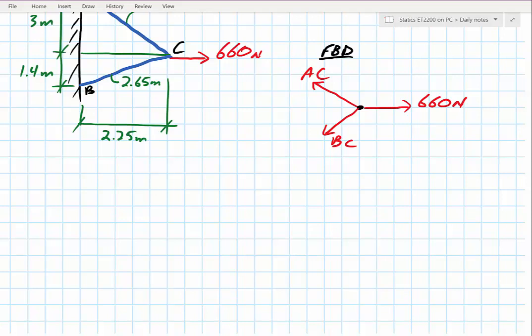So what we're going to do, just like with the rectangular components before, is resolve those vectors into X and Y directions and then add up our components.